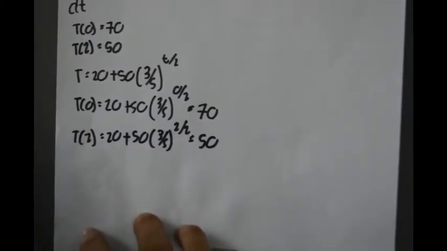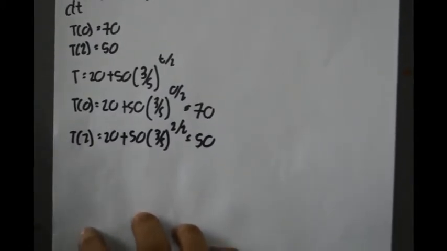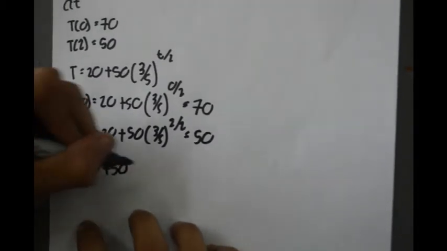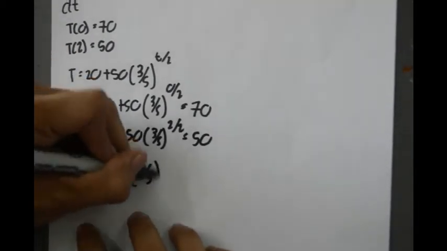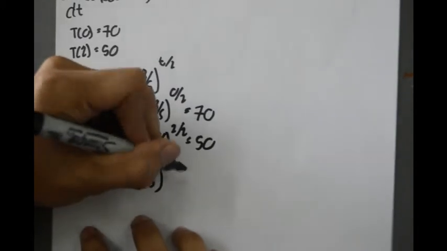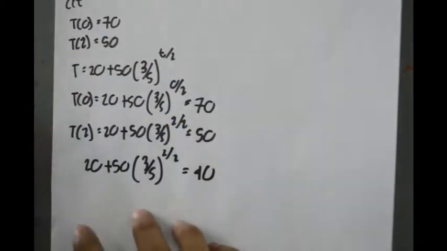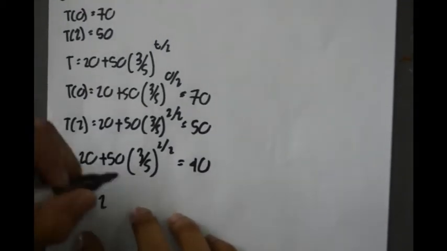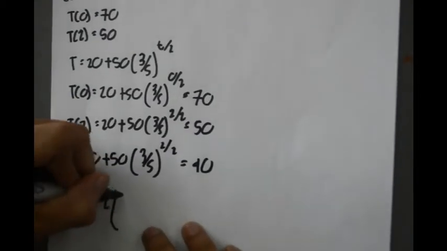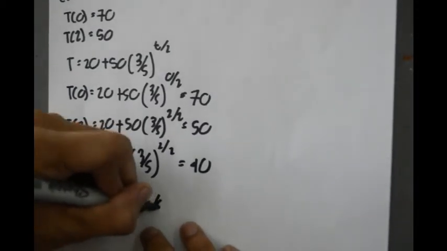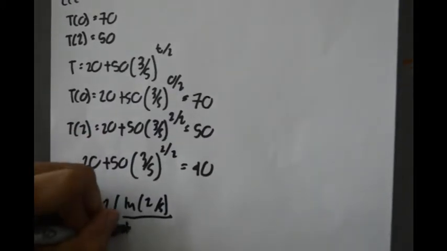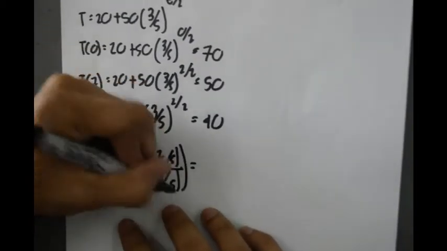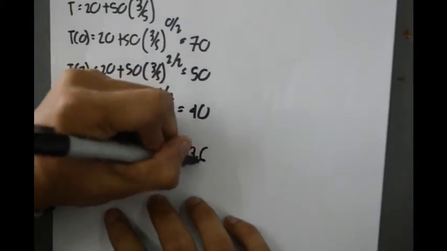To find when the temperature in the house will reach 40 degrees Fahrenheit, we must solve the equation 20 + 50 (3/5)^(t/2) = 40. The solution of this equation is t = 2 ln(2/5) divided by ln(3/5), and the time is equal to 3.6.